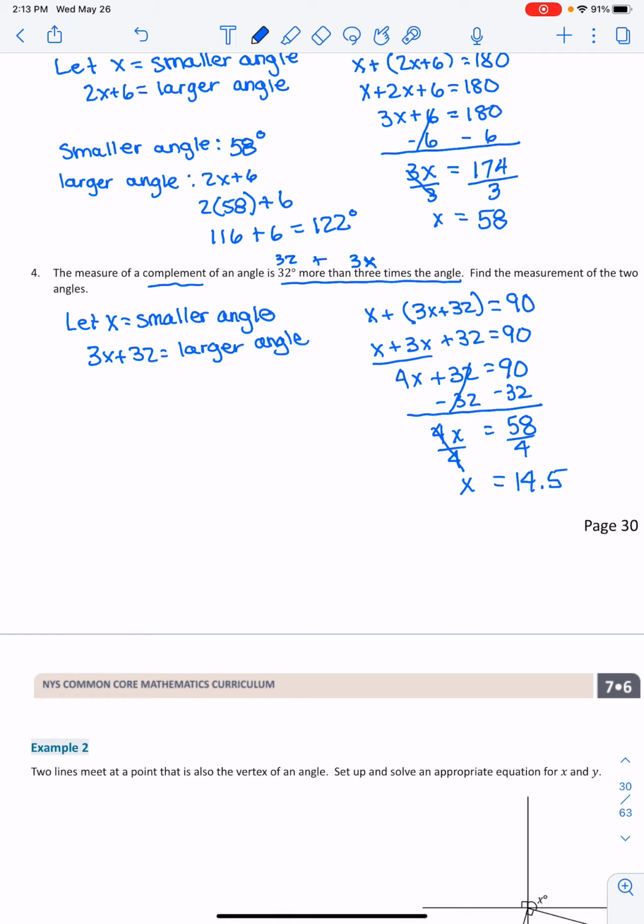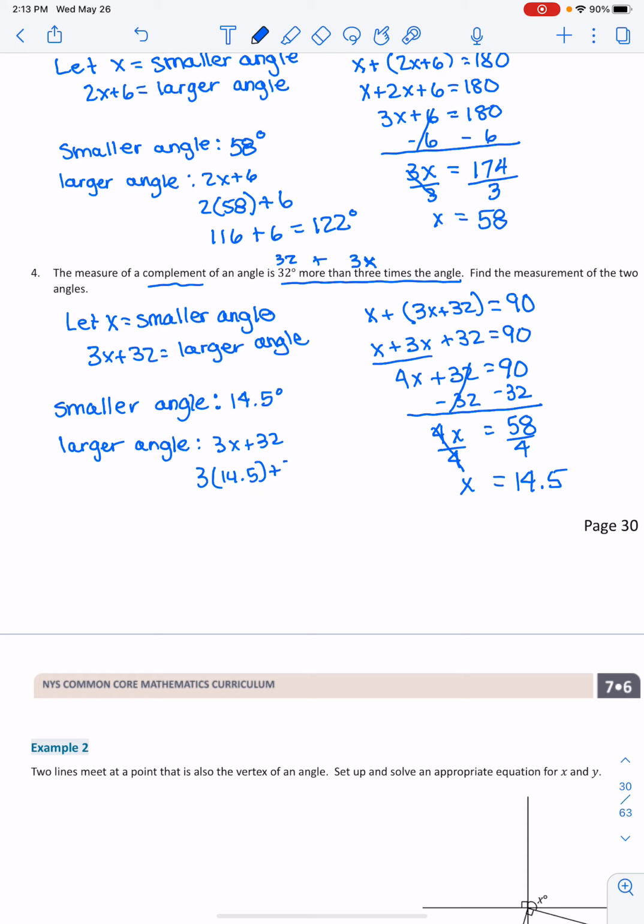So our smaller angle is 14.5 degrees. Our larger angle is 3x plus 32, or 3 times 14.5 plus 32.